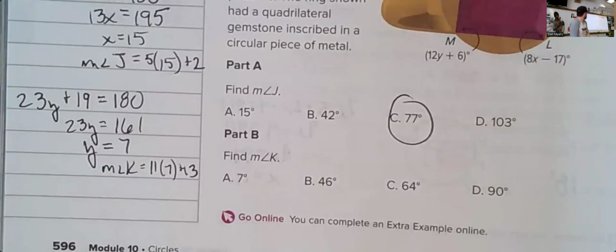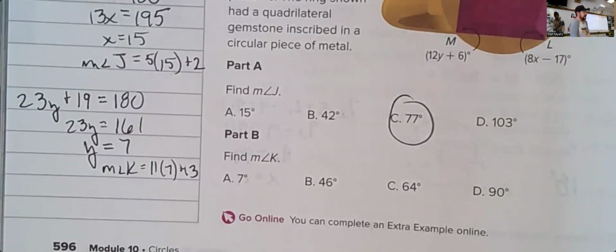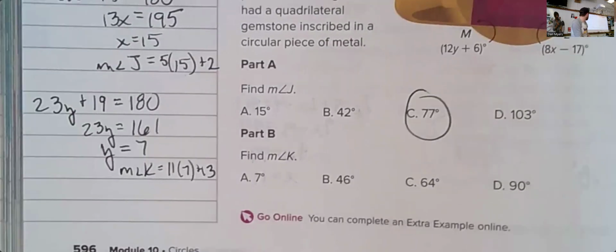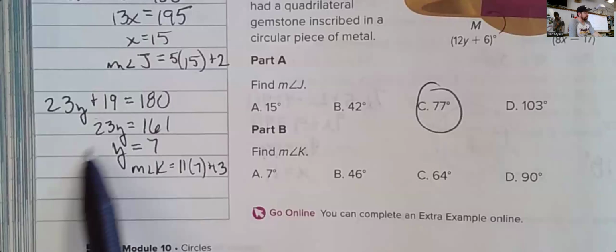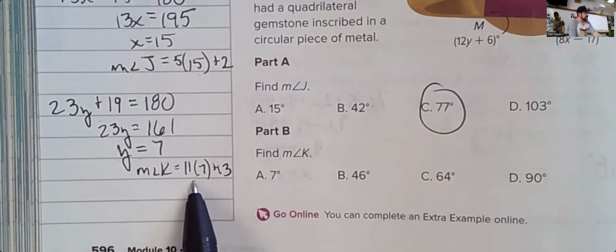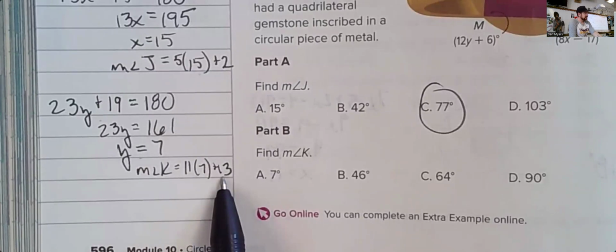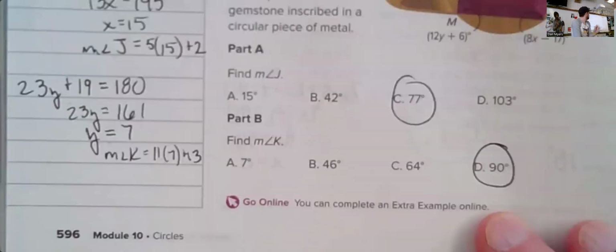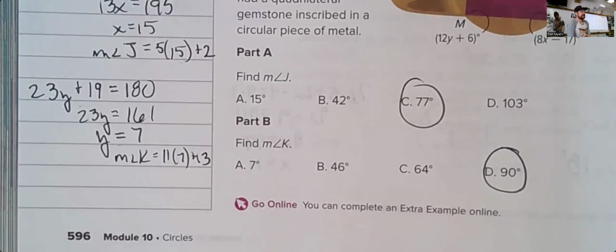So measure of angle J, 77 degrees. Measure of angle K, we're going to set the other two diagonals, add them together, set them equal to 180, solve for y. Y should equal 7. 11 times 7 is 77. 77 plus 13 is 90. 77 and 90 for J and K. Questions about that?